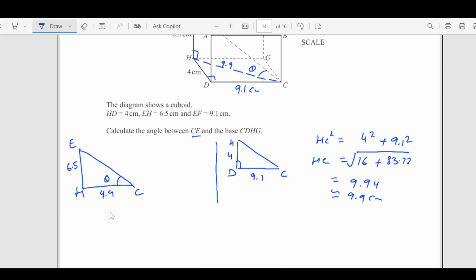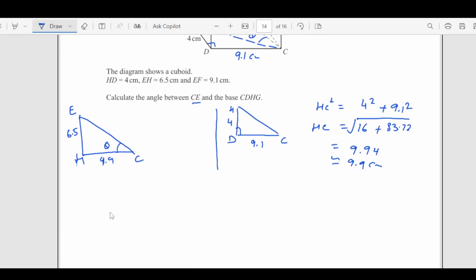Now we are looking for the angle, so we can use SOHCAHTOA. As you can see, if we use tan, we have the opposite side and the adjacent side. So tan theta equals opposite, which is 6.5, over adjacent, which is 9.9.